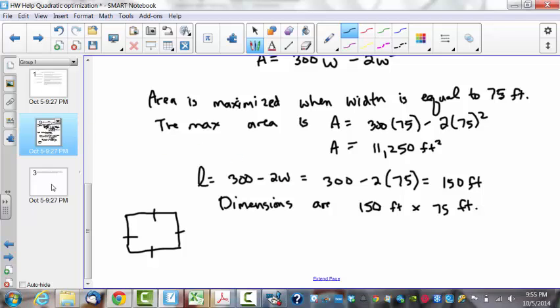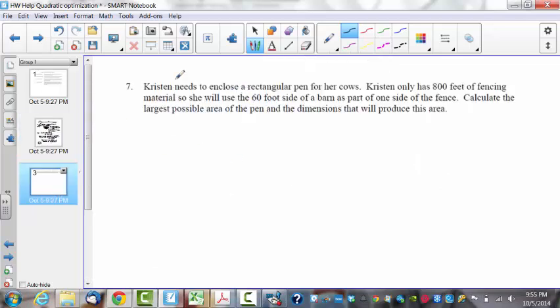All right, let's take a look at number 7. Kristen needs to enclose a rectangular pen for her cows. She has only 800 feet of fencing, so she will use the 60-foot side of a barn as part of one side of the fence. Calculate the largest possible area of the pen and the dimensions that will produce this area. So really similar problem to number 6.